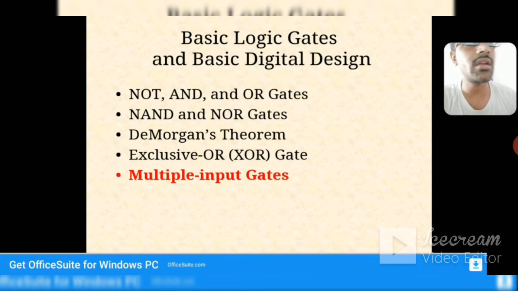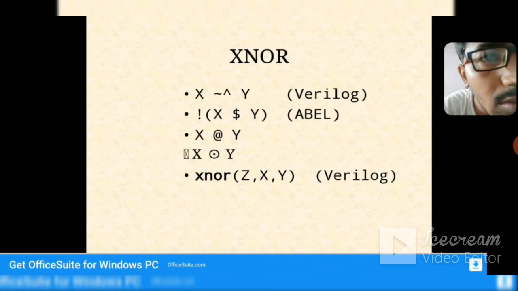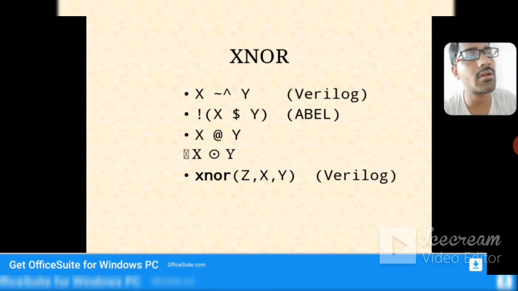There is another gate called XNOR, which is the complement of XOR, where we get a 0 if the inputs differ and 1 if both inputs are the same. So this is the case for XNOR. It is represented by a dot surrounded by a circle.